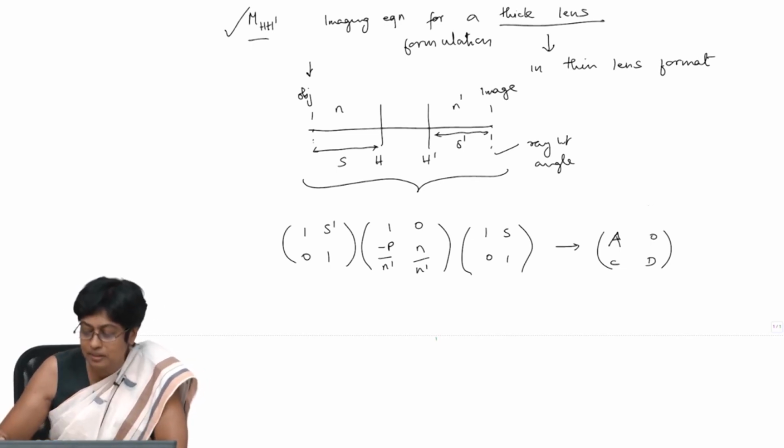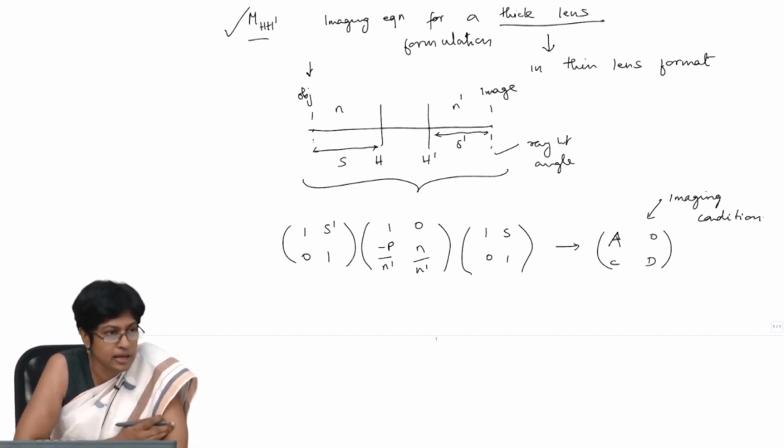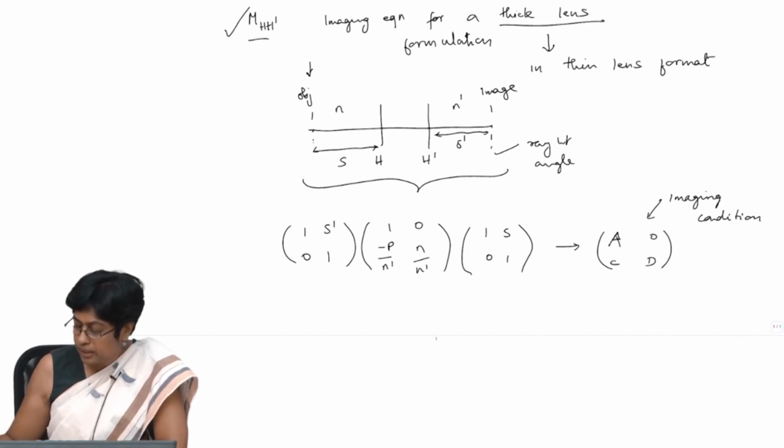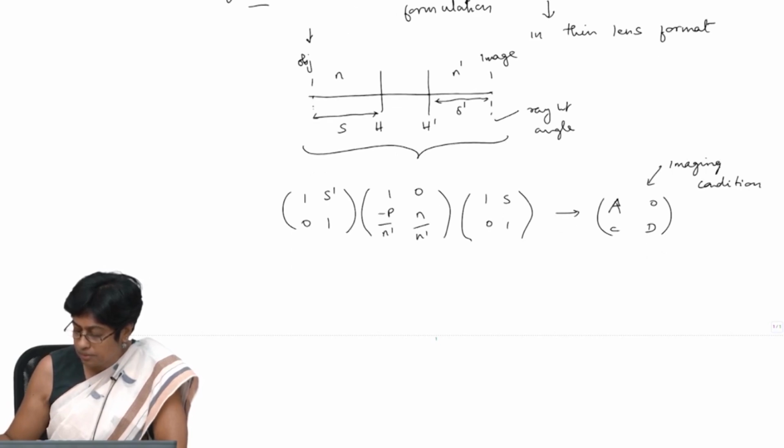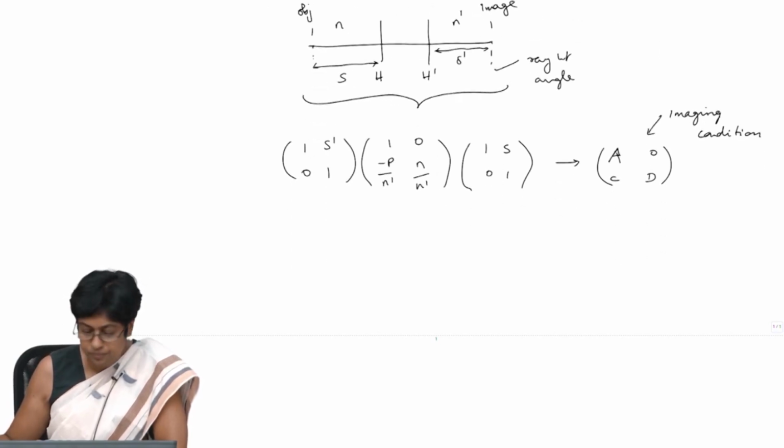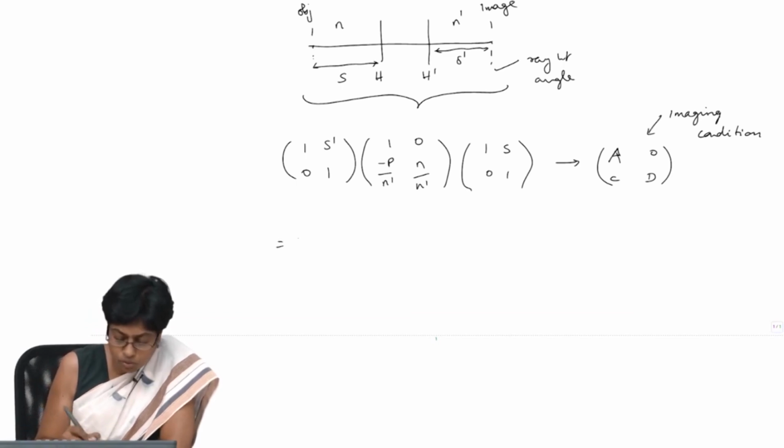So this is nothing but the imaging condition. And that's what we are trying to arrive at, the imaging condition for our general matrix. So if we carry out this product, I'll just do that here.